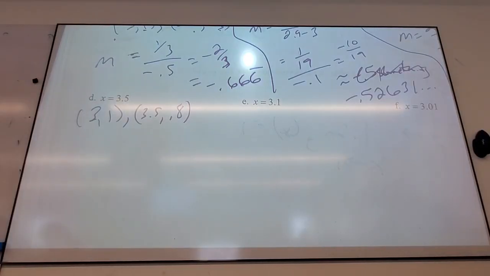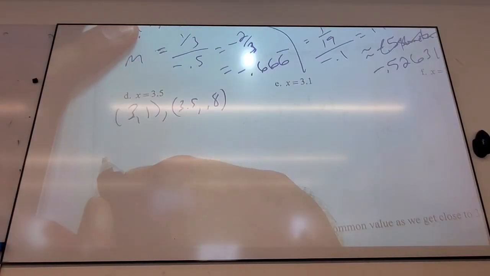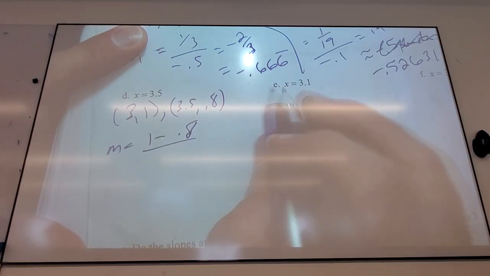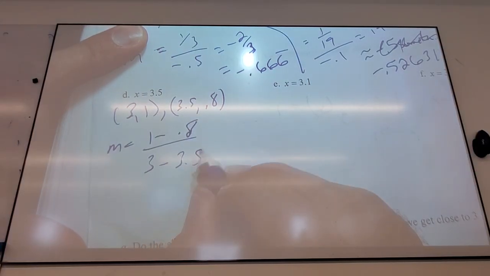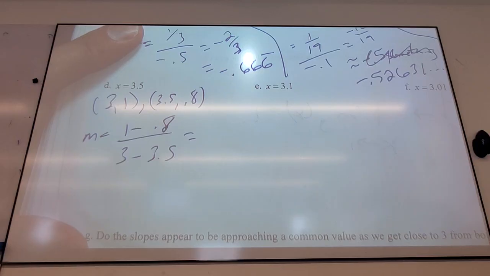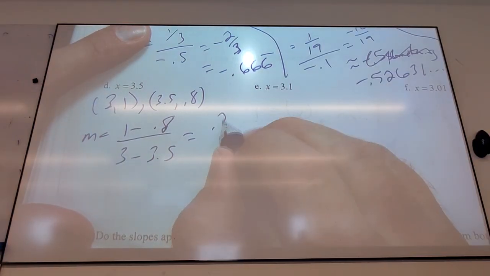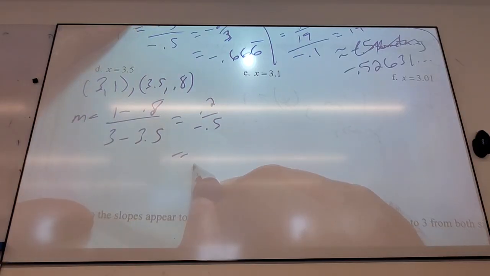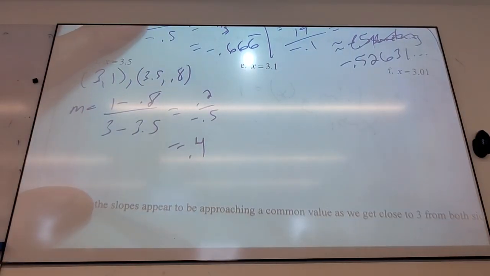It's finally lost it. So now I get the slope. Difference in the y's divided by difference in the x's. So I get 0.2 divided by negative 0.5. 2/5 is 0.4. Negative, John?